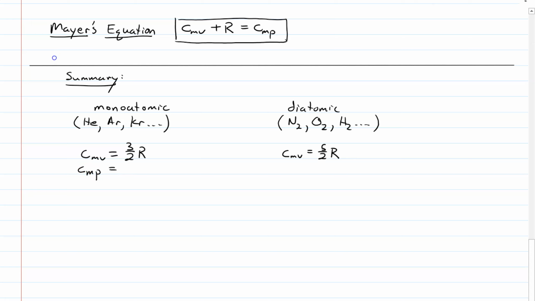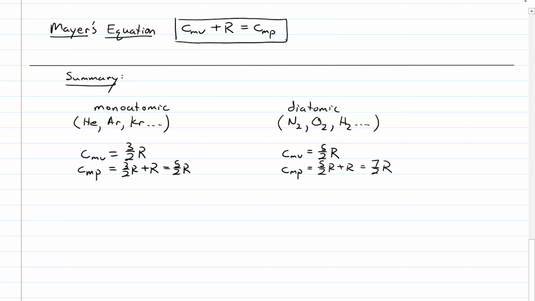Well, I just add R to it. So 3/2 R plus R, by Mayer's equation, that's 5/2 R. And here CmP is 5/2 R plus R, which is 7/2 R.